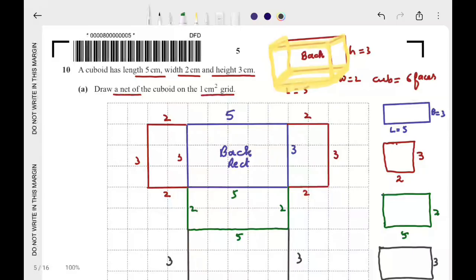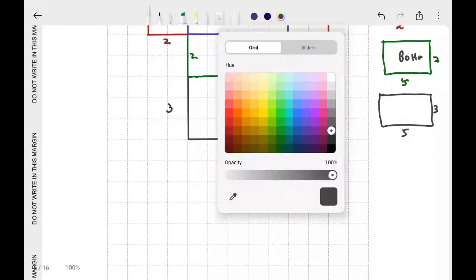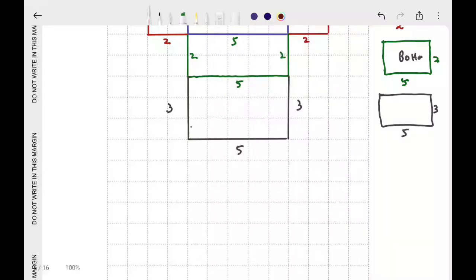Now the last one, the top one, is left now. It is the same as the bottom one that we have drawn before. This was the bottom, so it will be 1, 2, 1, 2 boxes and 5 boxes from here, 1, 2, 3, 4 and 5. So 5, 2 and 2.